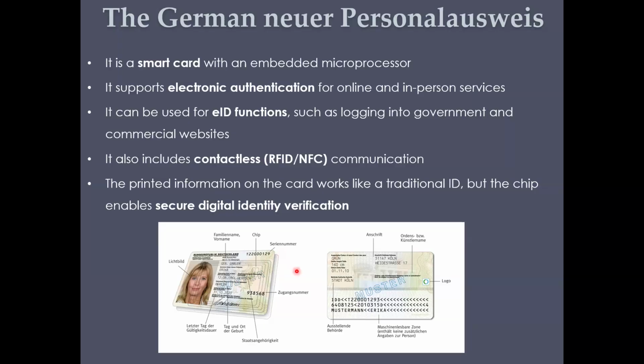It can support electronic authentication for online and in-person services, meaning it can be used online and offline. We're going to talk about offline and online authentication. It can be used to log into government and commercial websites. It also has an RF, so it combines all these advanced techniques from variations of cards to have everything all in one.